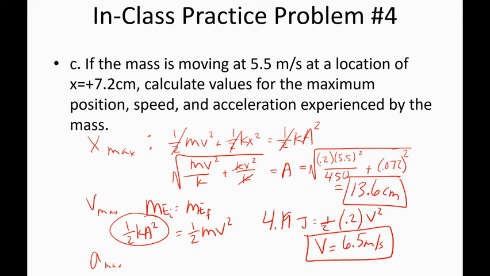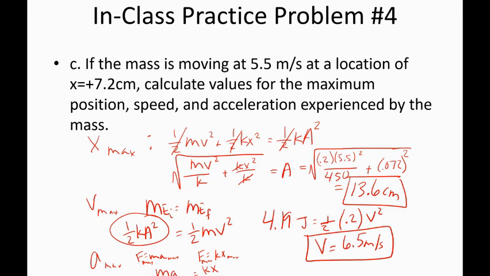And then finally, my acceleration. How do I figure out my acceleration? Well, remember, I have F equals ma. So at your maximum force, you have your maximum acceleration. And we also know force equals kx. And you have your maximum force at your maximum position. So you end up having m a max is equal to kx.